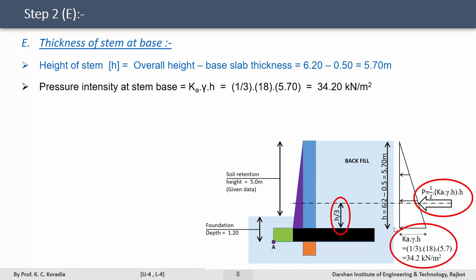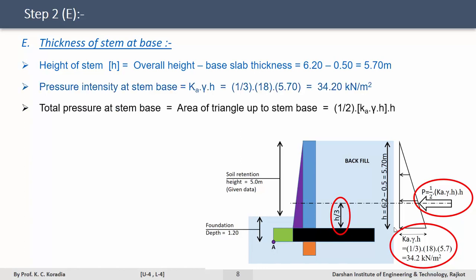This is the base of the triangle. Now the total pressure at stem base will be equal to the area of this triangle. Area of this triangle, that is 1/2 base into height, that is 1/2 Ka gamma H into H. The equation gives the value 97.47 kilonewton per meter length of the wall.